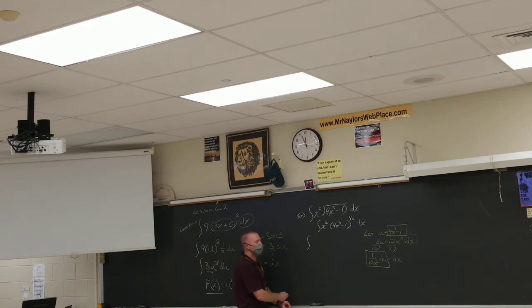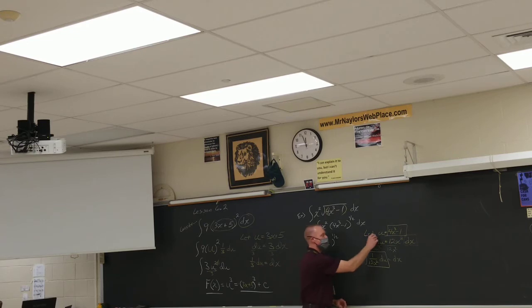You will pick up on some shortcuts, and some of you will eventually do some of this mentally, but for now, it's a great idea to rewrite anything that doesn't change. So x squared doesn't change. 1/2 is still there. Okay, but 4x cubed minus 1, now that becomes u.